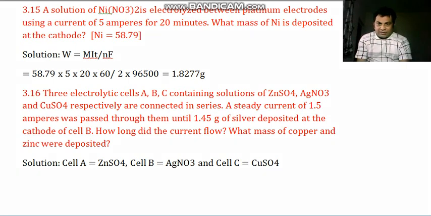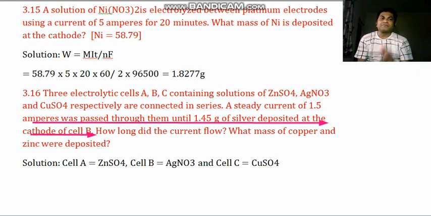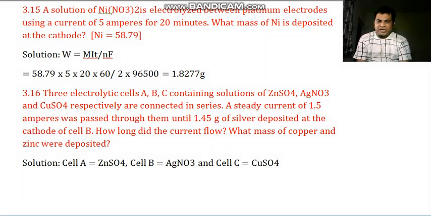We have cell B given, in which 1.45 gram of silver is deposited. Now, the mass of silver here is 1.45, and what is the atomic mass of silver? Everyone knows, 108. So here we are simply going to use the formula.